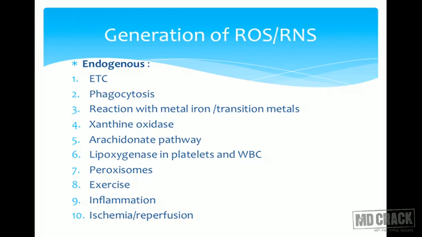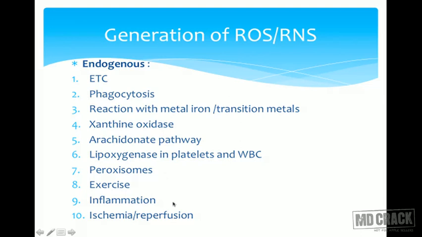Now, how are they generated and when are they generated? For the generation of ROS or RNS, we have endogenous sources and exogenous sources. I have just listed it out here. The endogenous generation of ROS: one most important is the electron transport chain, then phagocytosis, reaction with metal ions or transition metals, xanthine oxidase, arachidonate pathway, lipoxygenase pathway in the platelets and WBCs, peroxisomes, exercise, inflammation, ischemia, reperfusion.